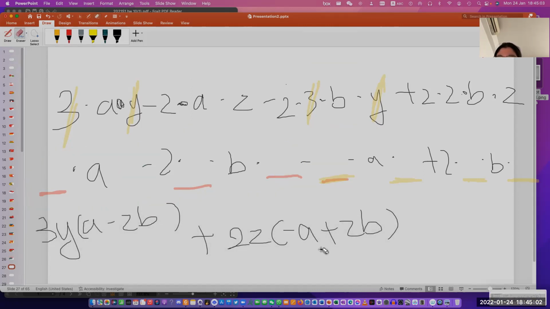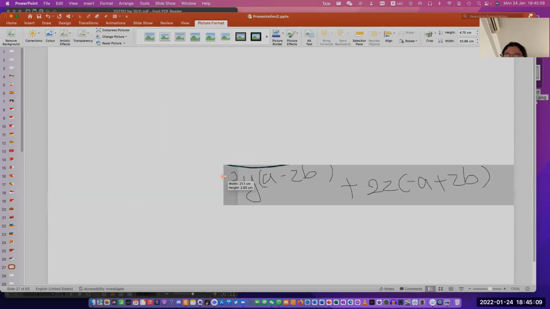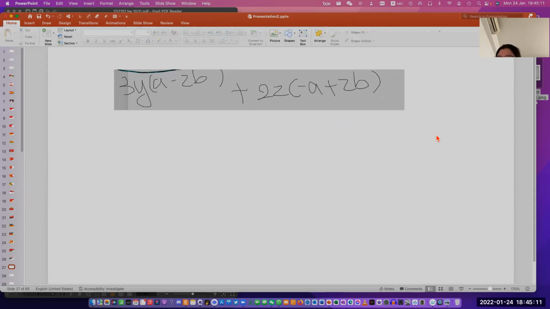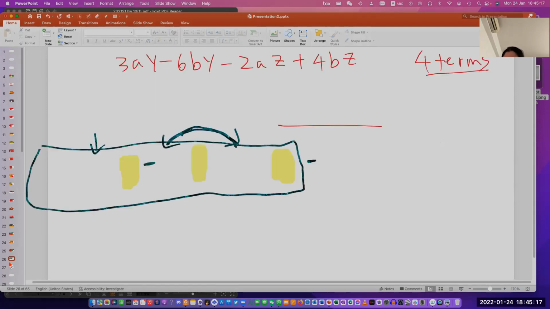Let me get it to the next slide. Can you erase the thing? I already screenshot your previous step. Okay, so how do you continue from here?